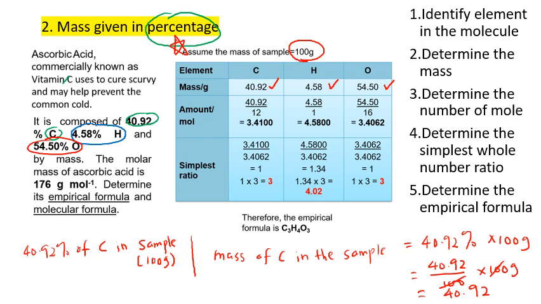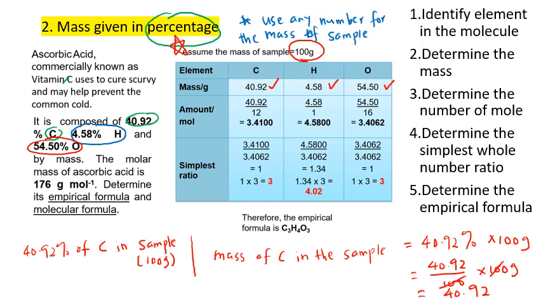Then maybe again you will say, Miss, if I don't want to use 100 gram, is it possible? Yes. Basically, you can use any number for the mass of the sample.